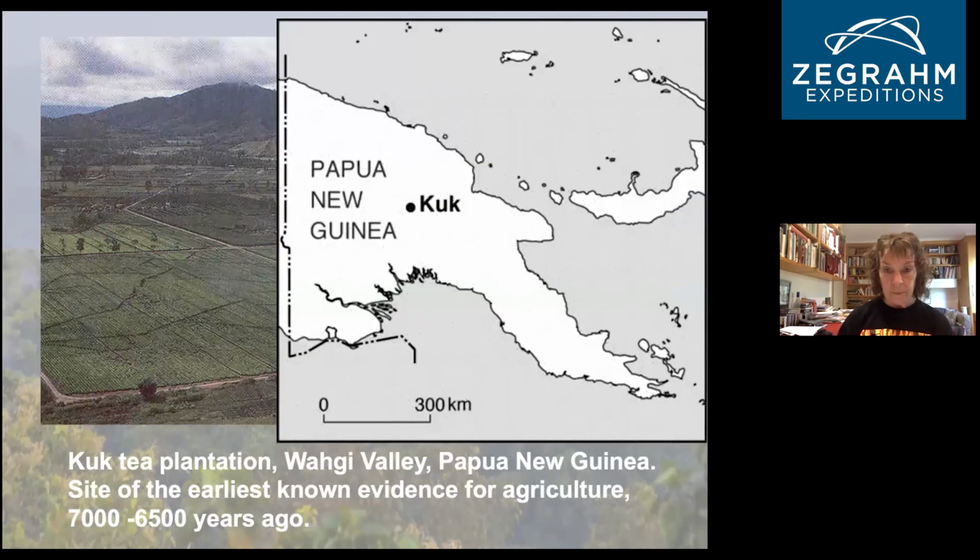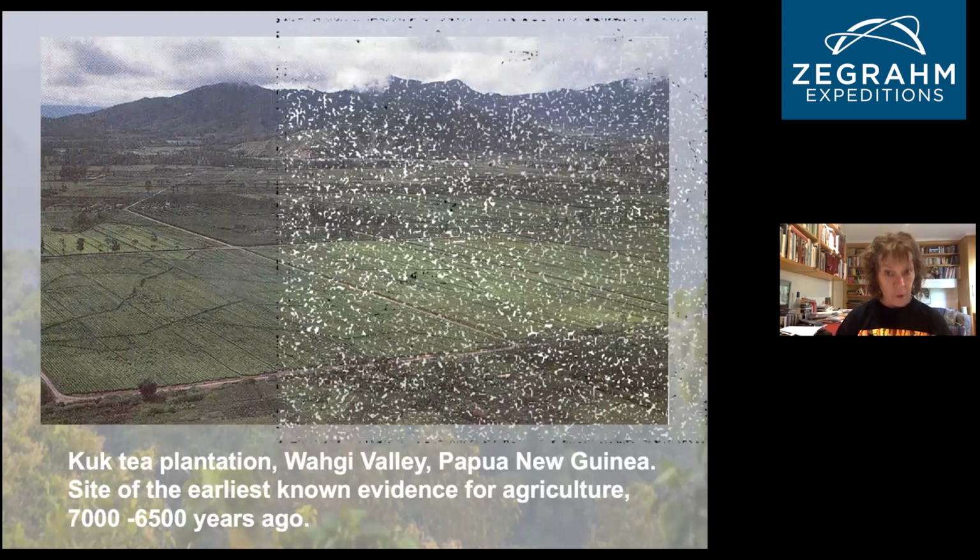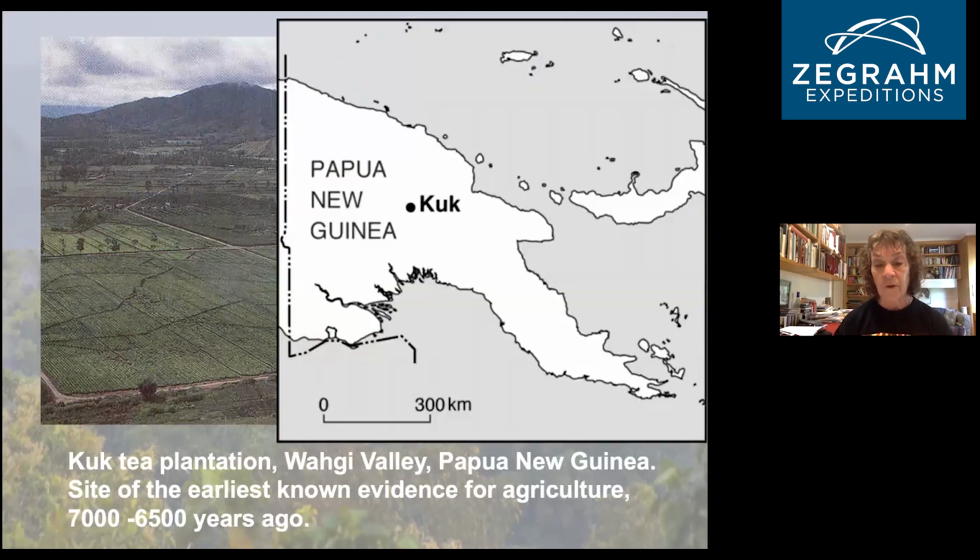Cook is one of the earliest sites that we have of this agricultural activity, where we find very deep, sophisticated channels, as you can see in this other picture right there. Those lines are deep dug ancient channels that are dated to about 9,000 years ago. So it's up here in the Wagi Valley that we have the first evidence of archaeological activity.